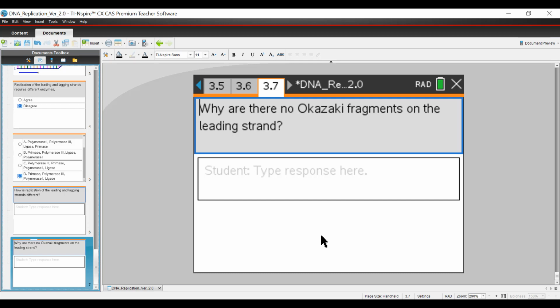So as the DNA gets split open, going from the hydrogen bonded bases of a double helix to two single strands, because DNA must replicate in the 5' to 3' direction, and in the case of the lagging strand, that means moving away from the replication fork, short snippets of DNA must be added, whereas on the leading strand we don't need to do that because we're moving in the same direction as the replication fork.